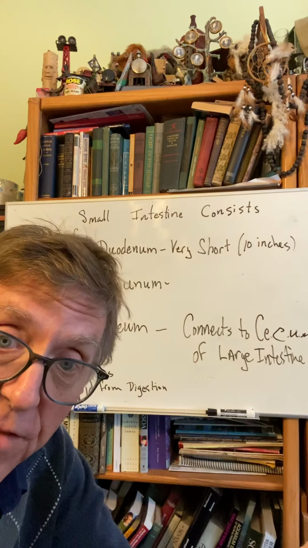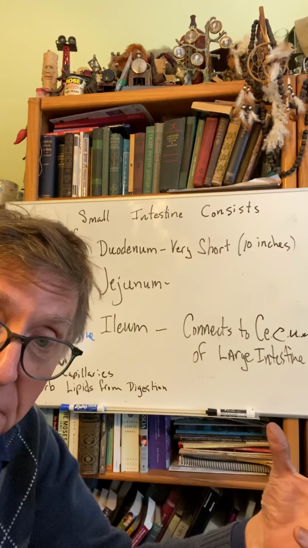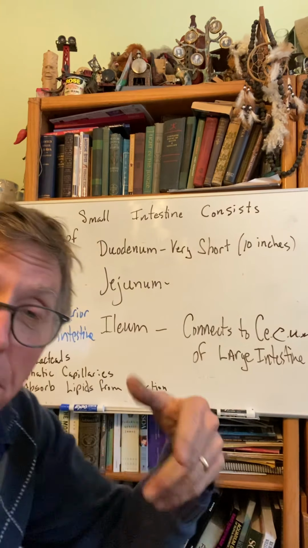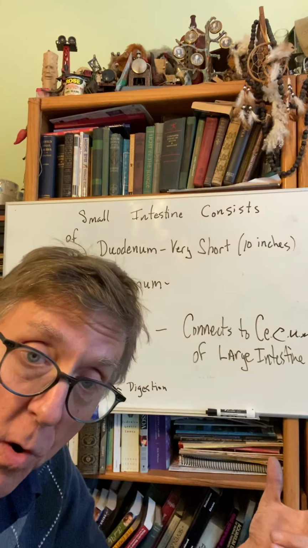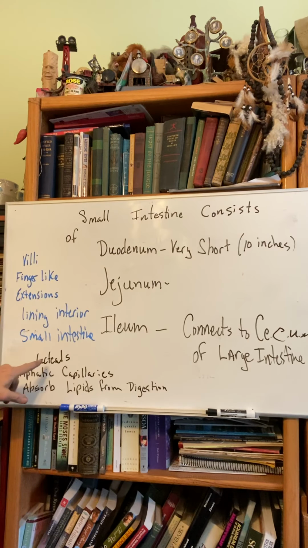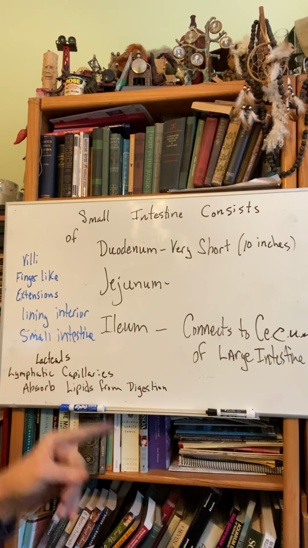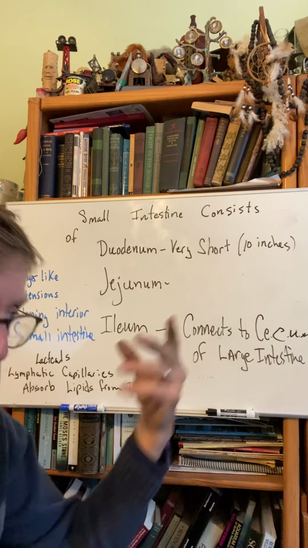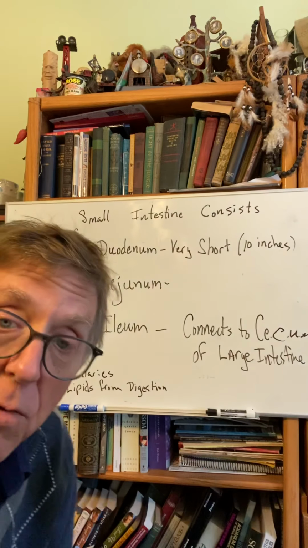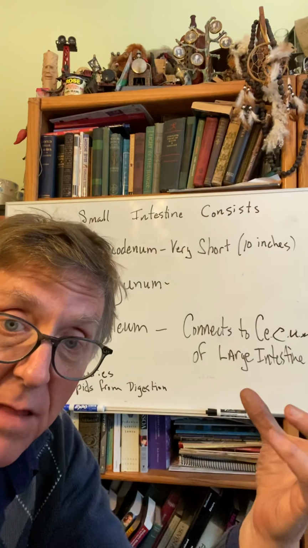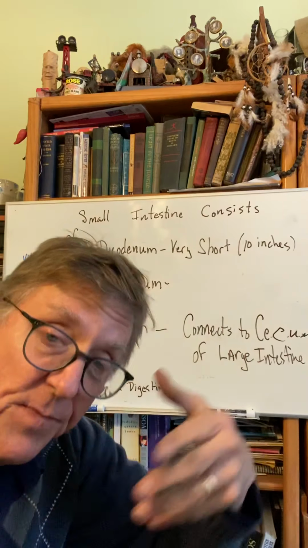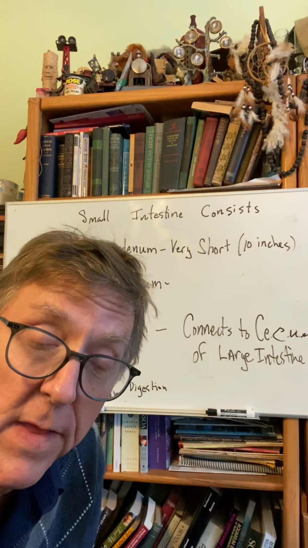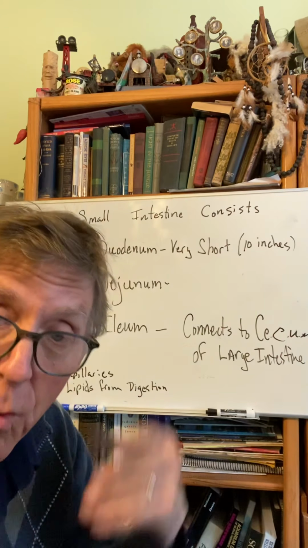So the fats that are going to be absorbed are going to be picked up by the lymphatic system first, through these lymphatic capillaries called lacteals. And throughout the regular capillaries in these villi and the lining of the small intestine, we're going to absorb all these other nutrients.